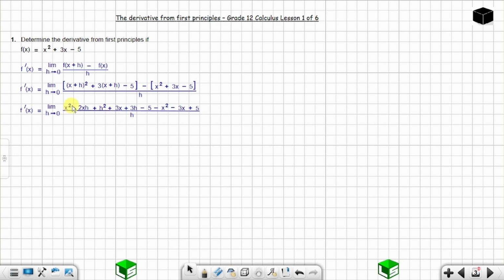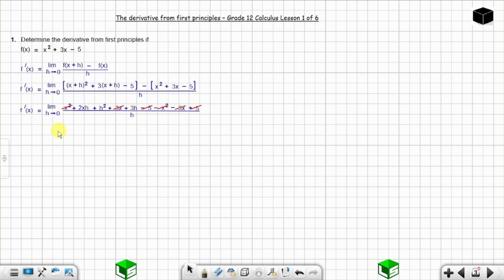Now you have x squared minus x squared, this is 0. And you have 3x minus 3x, and you have minus 5 plus 5. This is equal to 0. So you remain with this and this and this. You only remain with the terms having h in them.